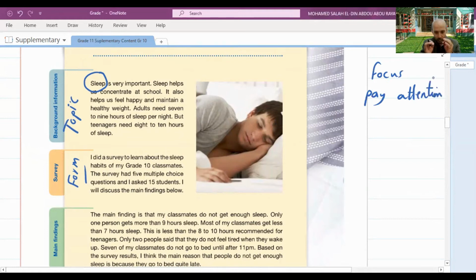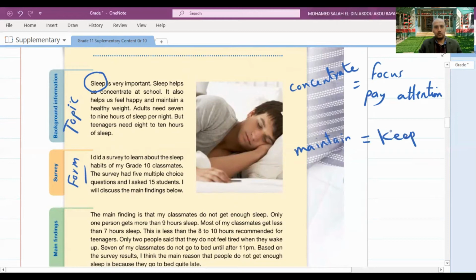So when you pay attention or focus, concentrate. It also helps us feel happy and maintain a healthy weight. What does maintain mean? So we said this, concentrate. Then maintain. What's maintain? Maintain means to keep.